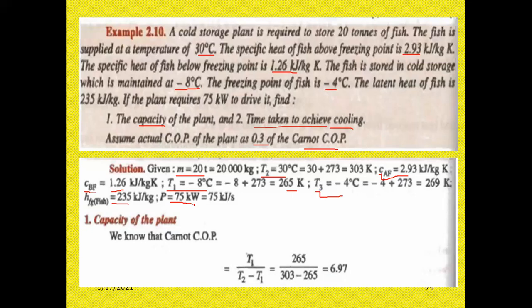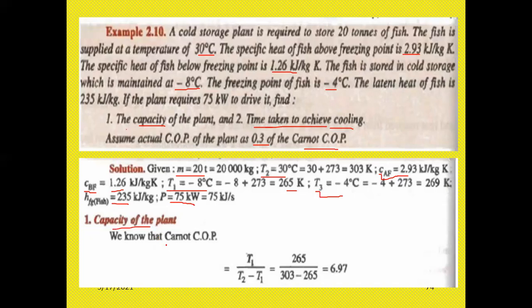See here in the question, which one is T1, which one is T2, which one is T3. Based on that, you can solve any problem. Next, what is the question given? The capacity of the plant.